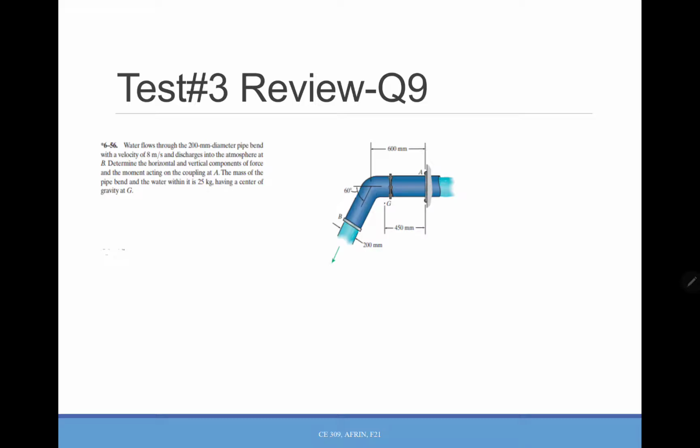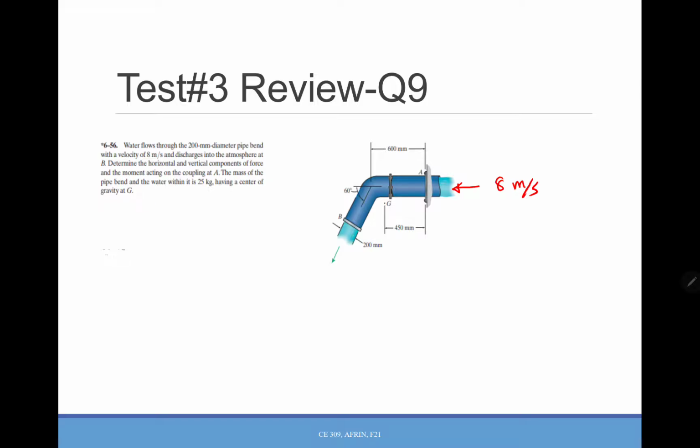For this one, they said that water flows through a 200 millimeter diameter pipe bend with a velocity of 8 meter per second, and discharges into the atmosphere at B. Okay, so here the velocity is 8 meter per second.